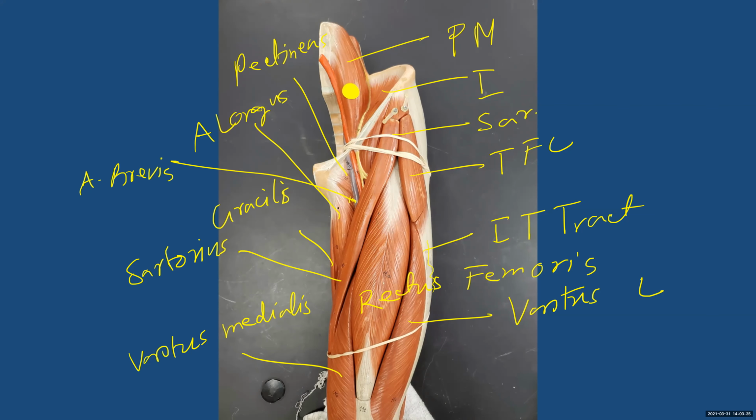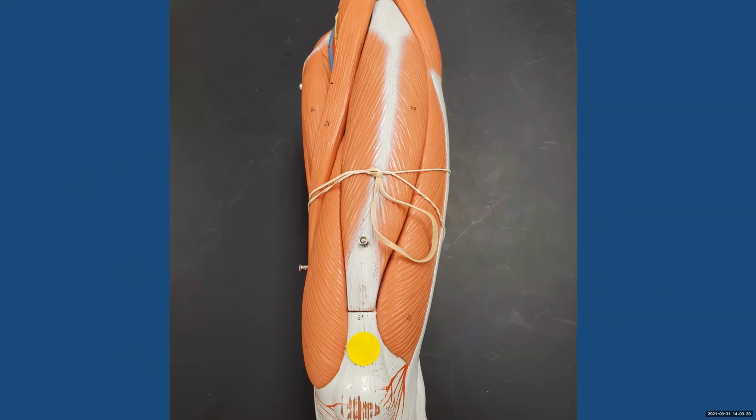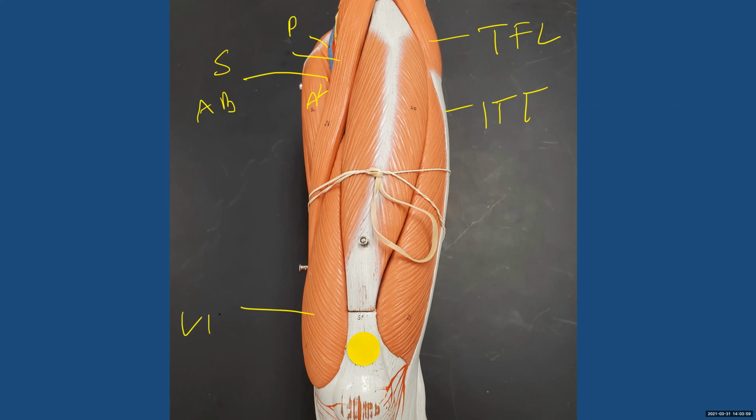Okay, so that covers medial and anterior compartment again. I'm just doing a review of everything so you can identify things here. Iliotibial tract, tensor fasciae latae, sartorius, pectineus, adductor longus, adductor brevis, vastus medialis, rectus femoris, vastus lateralis, patellar tendon.